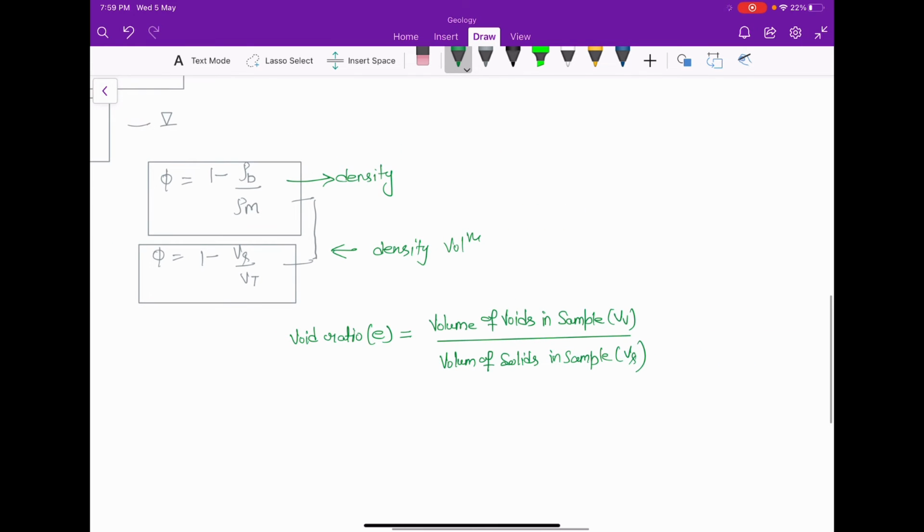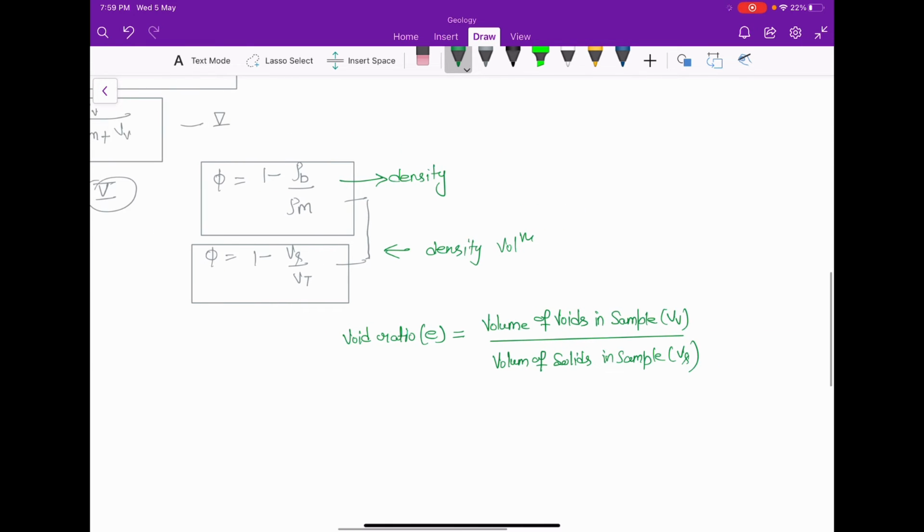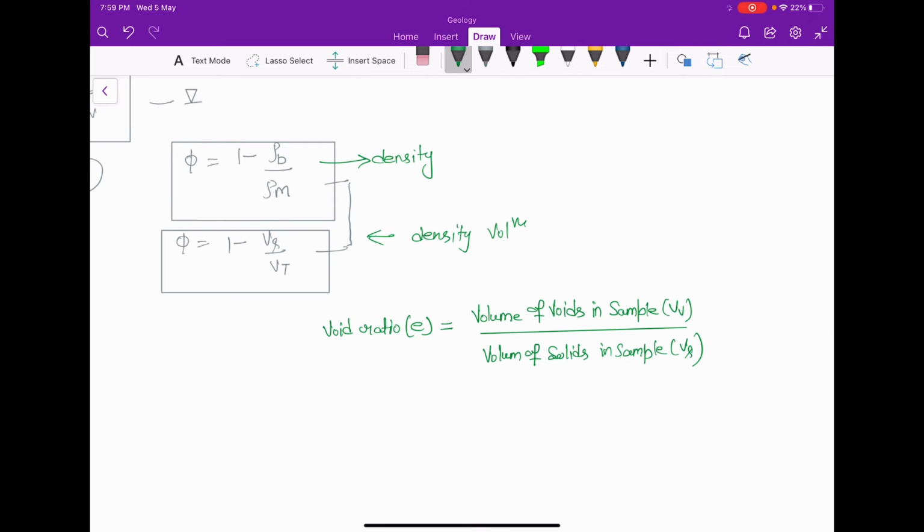So don't be confused with S and M. So this is the definition of void ratio.